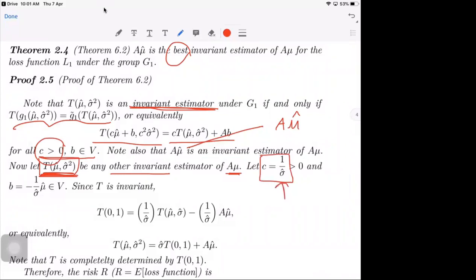The choice of this is predetermined or arbitrary as long as this is greater than 0. This value was chosen to simplify things. And you have B here, the one that is added in your estimator, to be negative 1 over sigma hat square, 1 over sigma hat times mu hat.